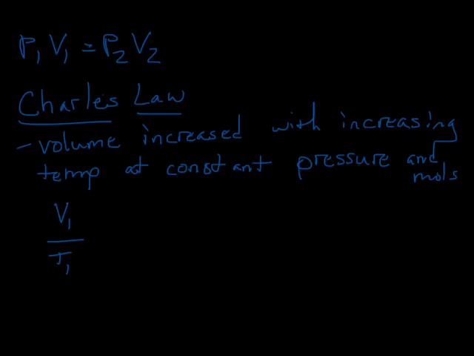A gas's volume and temperature is proportional to a new volume, an increase or decrease in volume with the corresponding increase or decrease in temperature. Now, this being the first time that we're mentioning temperature, it is important to note that our temperature must be in kelvins.